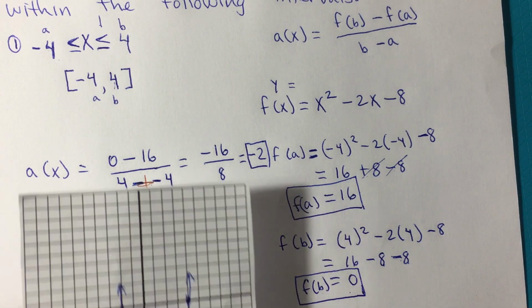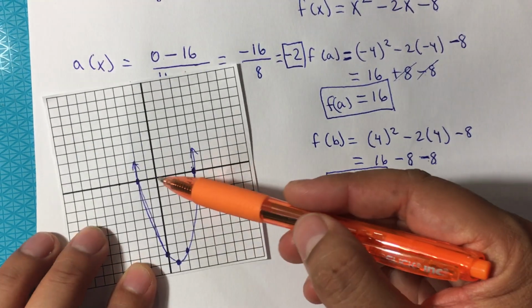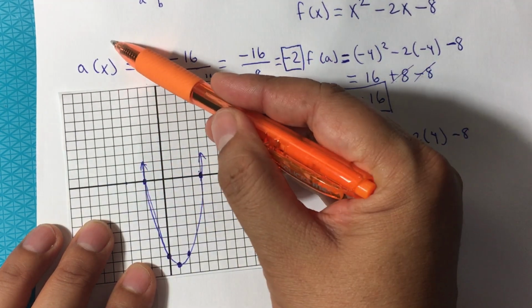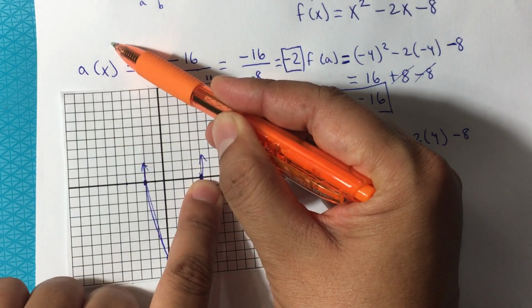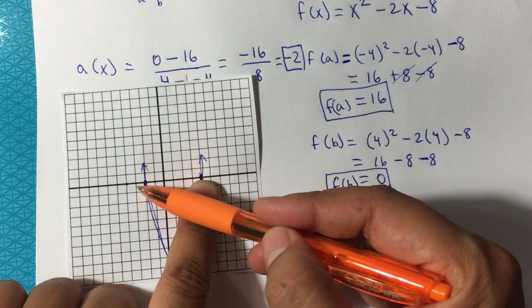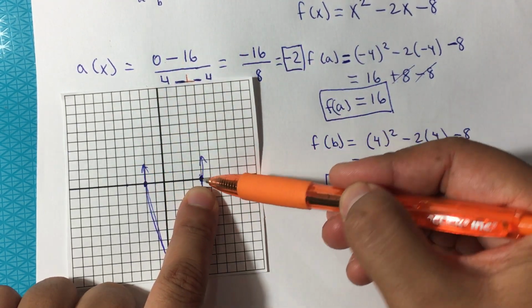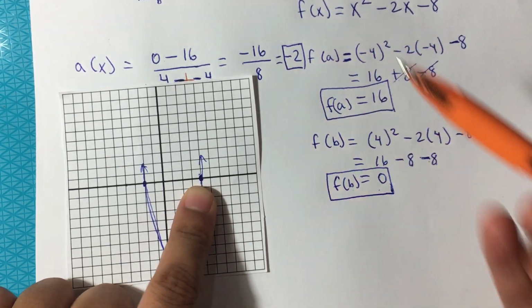What does that mean? I don't have that other point to compare, but you know it's negative 4, positive 16 over here. Between that point and this point right here, basically the slope is negative 16 over 8, and negative 16 divided by 8 is negative 2.